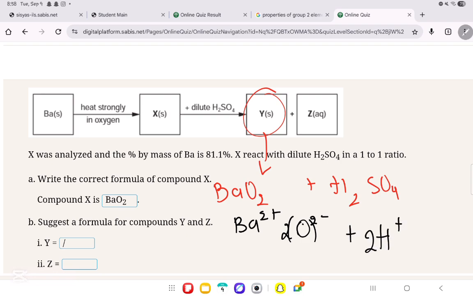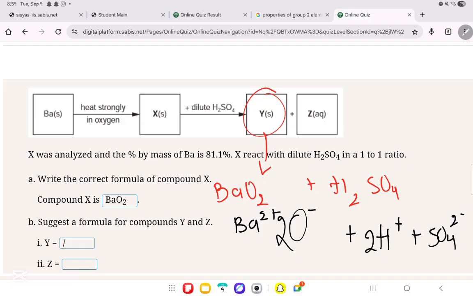Actually, no, my bad, it's not 2O2-, it's actually O-, okay? So it's 2O-, plus 2H+, in addition to SO4 2-.